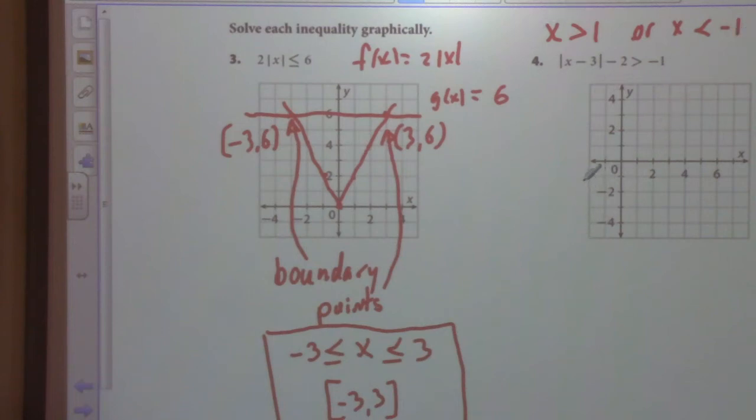So here we have, according to what Marcus encourages us to do, you graph this here. And then what's our vertex for this thing? 3, -2.